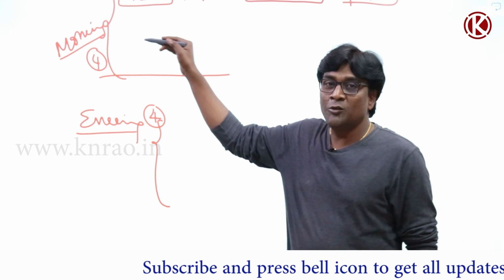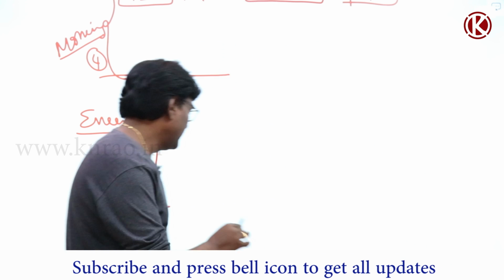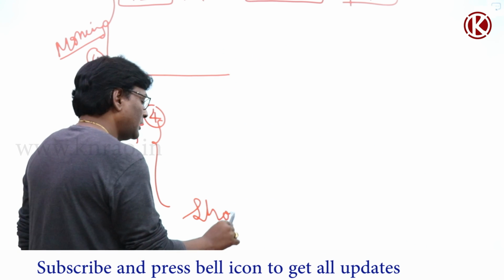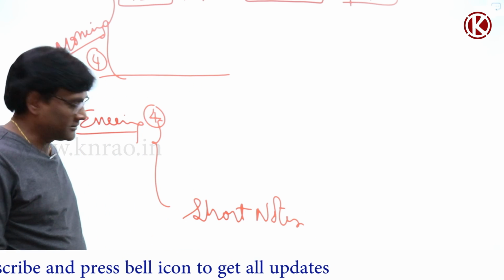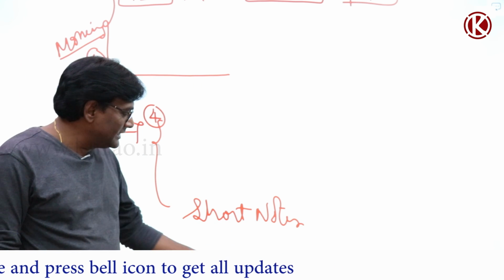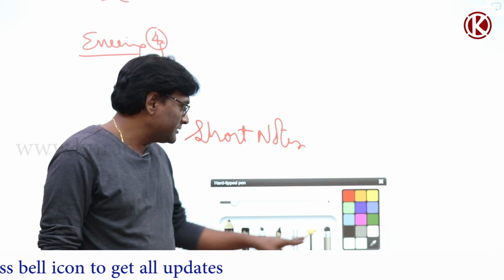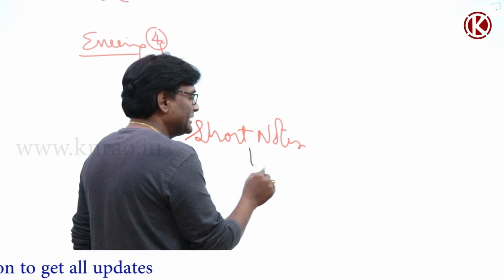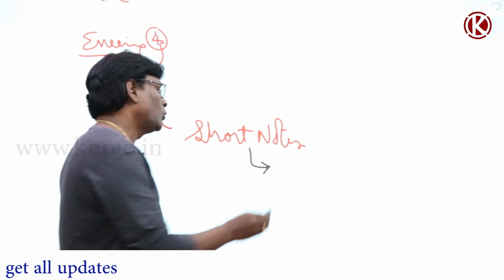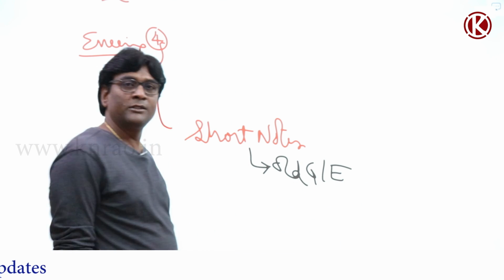Then convert this running notes into short notes. These short notes are going to be your future. But they will not be complete with this alone, because additions will come once you go through old GATE and ESE questions.